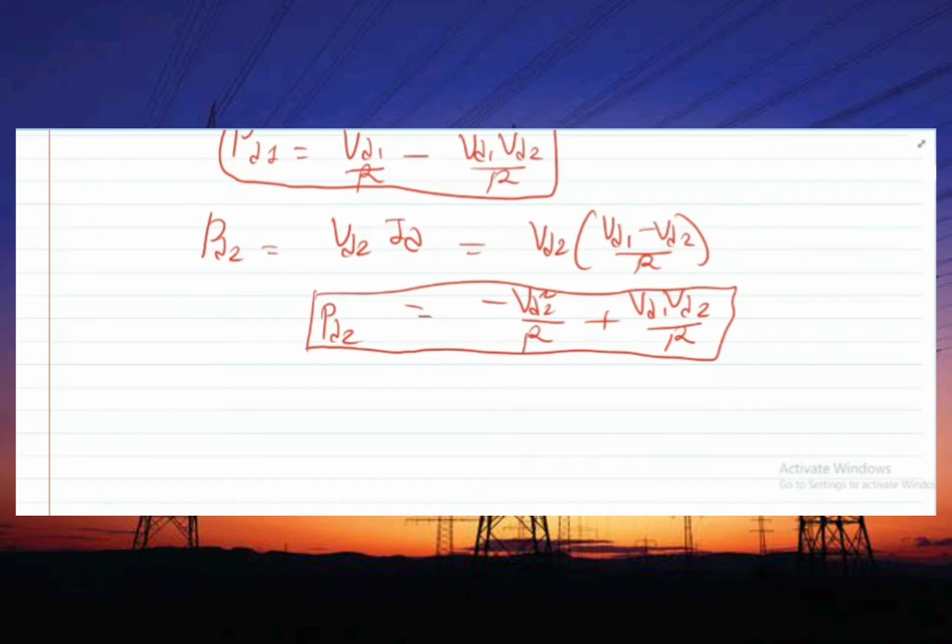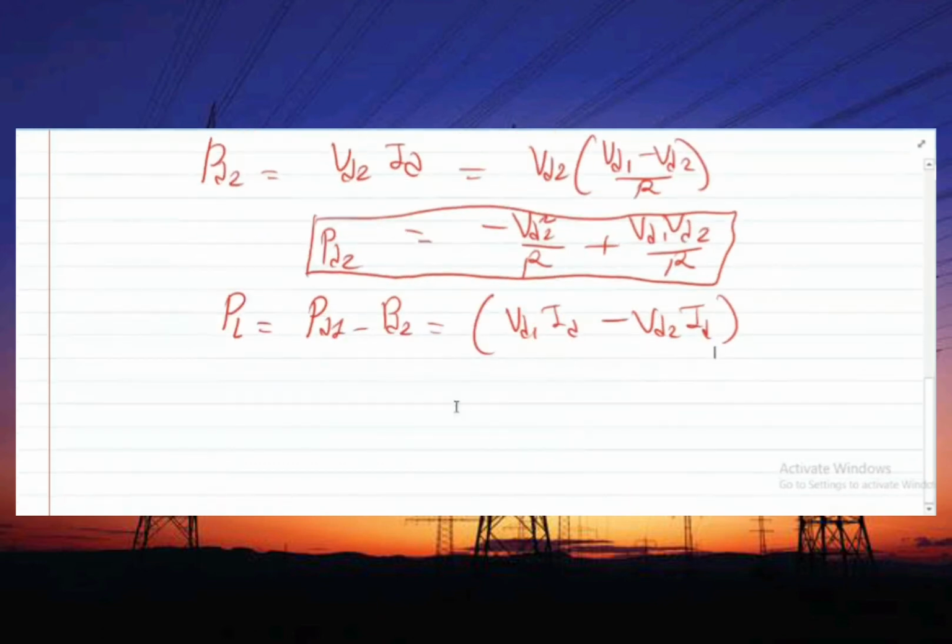Now we can calculate the losses in the DC system. The loss is denoted by PL, which is equal to PD1 minus PD2, which is equal to VD1 ID minus VD2 ID. If we take ID as common, we get the equation VD1 minus VD2 into ID.